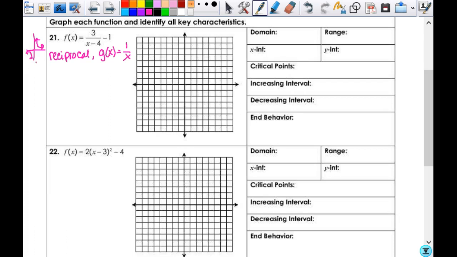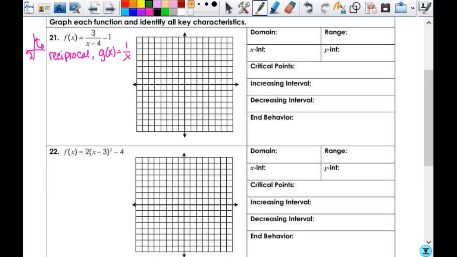Okay, so my transformations then are this 3 in the numerator. Remember, whatever you decide, a vertical or horizontal compression or stretch could be either. I think it would be easiest for y'all, if there is a number in the numerator, to use that as your vertical stretch.